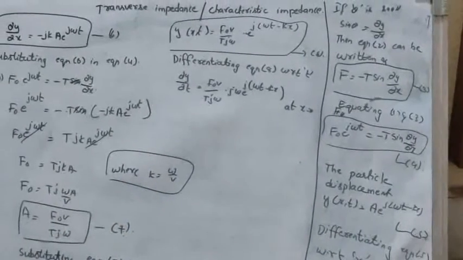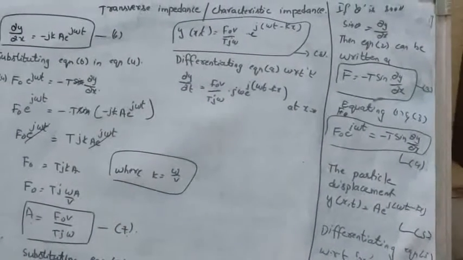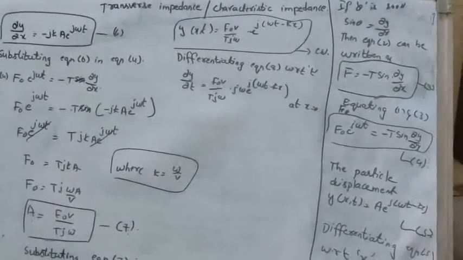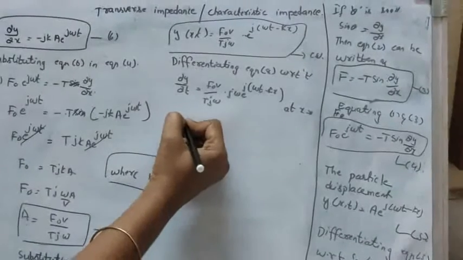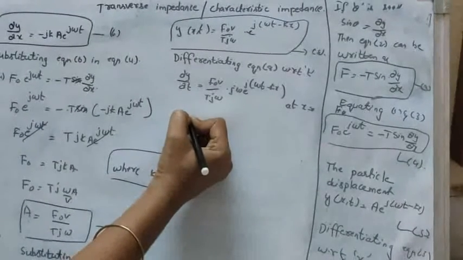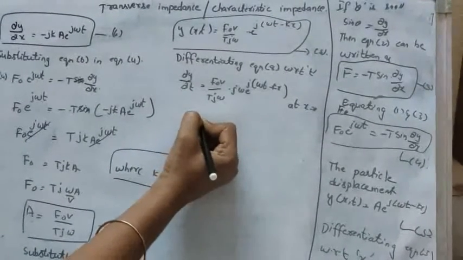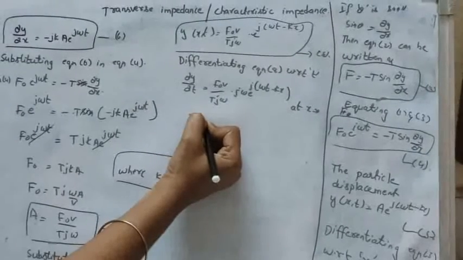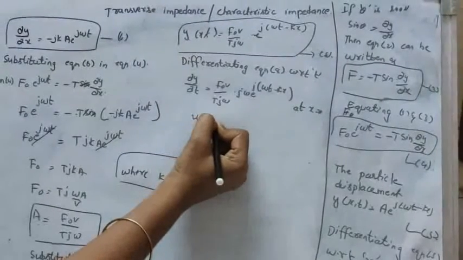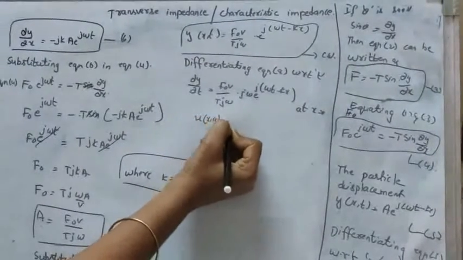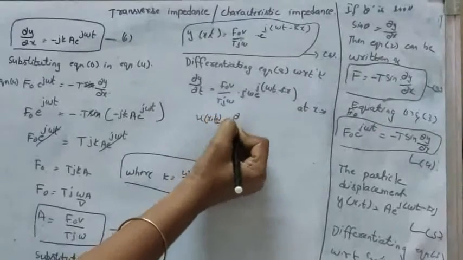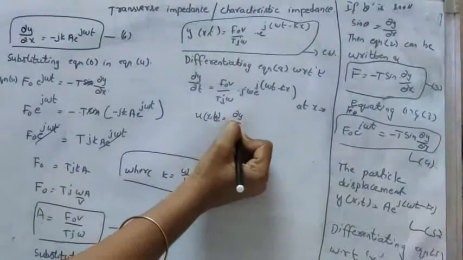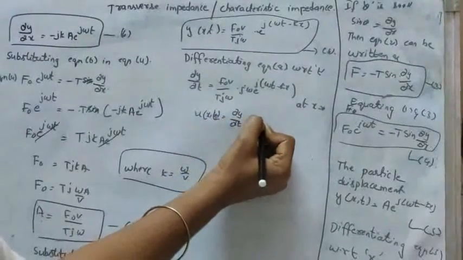Now here dou y by dou t is nothing but particle velocity. Particle velocity is represented by u of x comma t, which is nothing but dou y by dou t, is equal to F naught.